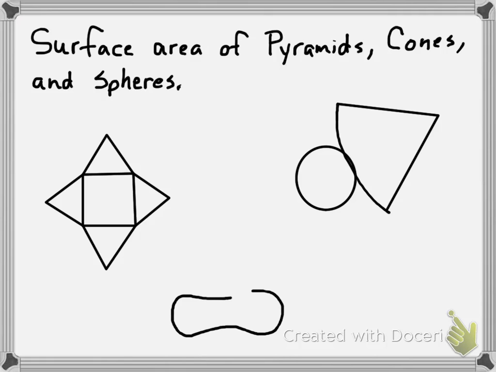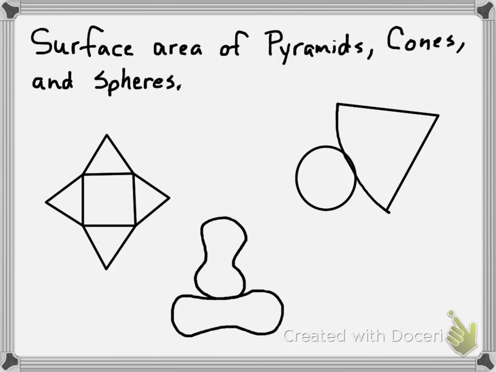It has a curve going this way, and then another curve going this way. These two curve around the sides, and this one curves around the top and the bottom. So this is what a tennis ball would look like if you ripped it open. This is what a baseball looks like if the seams are busted. So this is basically the net for a sphere.